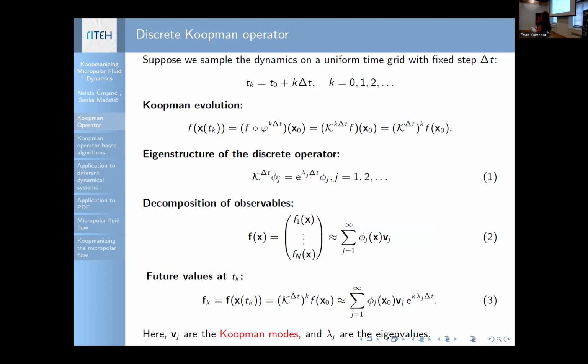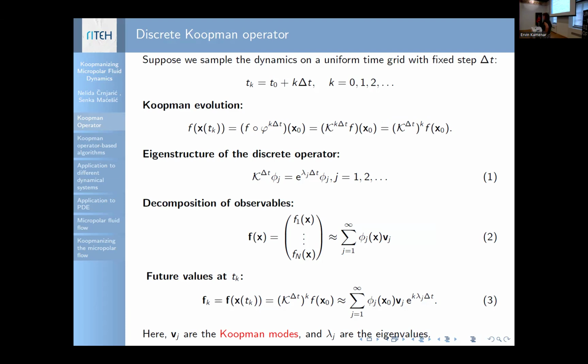So, as Zlatko already said, if we sample the dynamics at discrete time moments, for obtaining the value of the observable at a future time, we apply this Koopman operator k times, starting from an initial point x0.